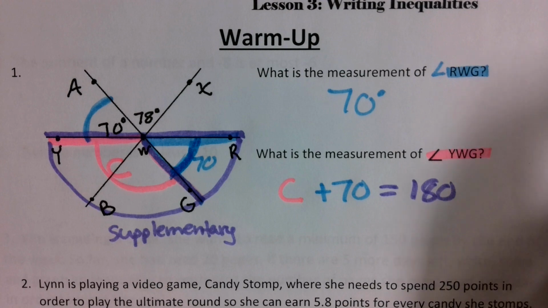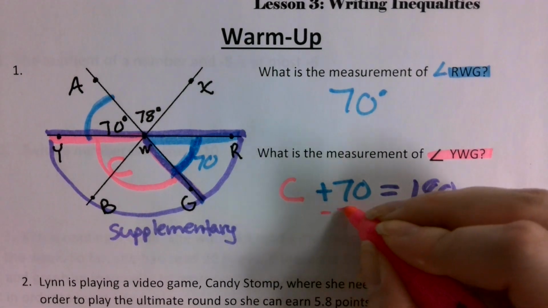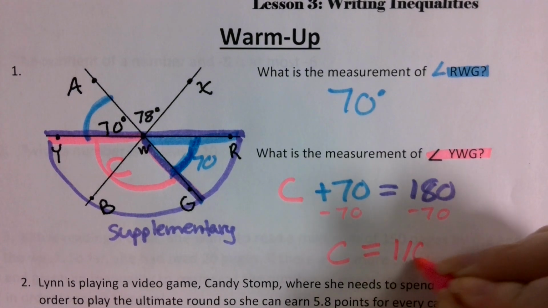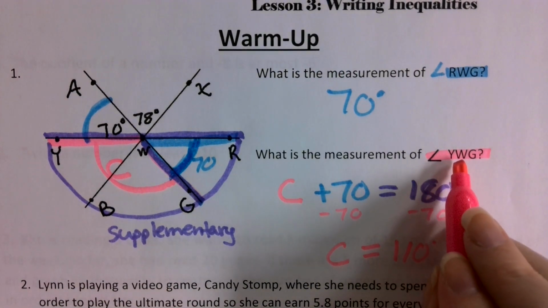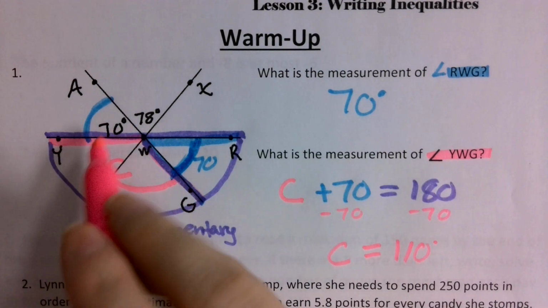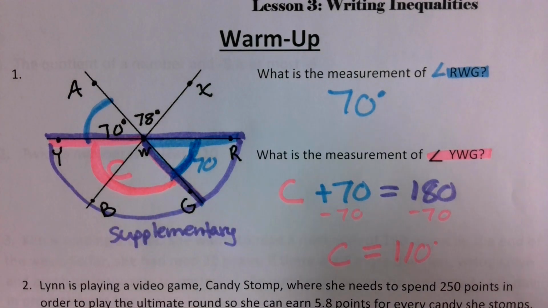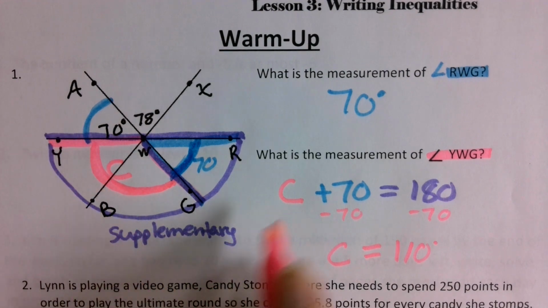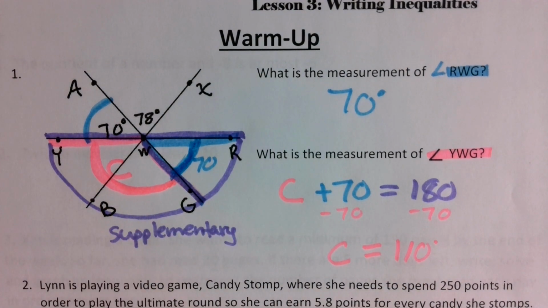So the only thing I need to do to solve is to take 70 away from 180, and I would get that angle C, or angle YWG, this whole measurement right here, is 110 degrees. 110 plus 70 creates that 180 degree straight line. Okay? All right, let's take a look here.